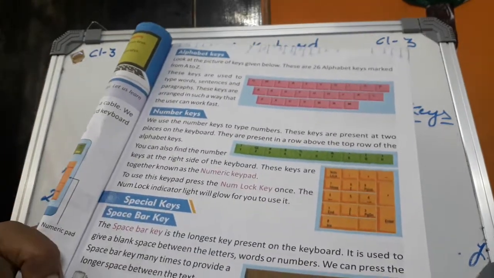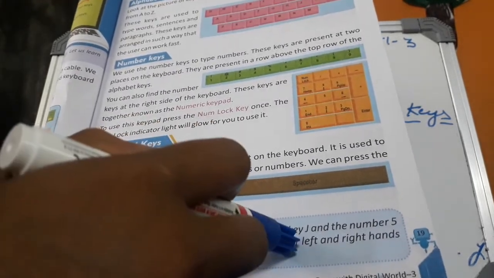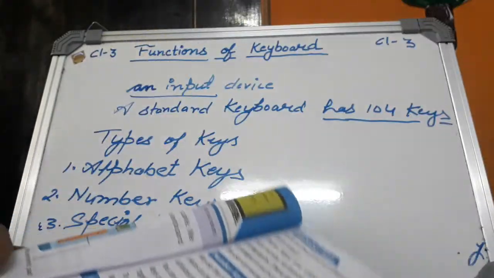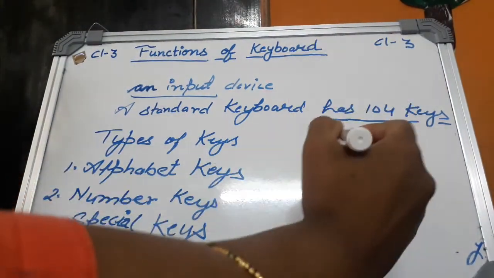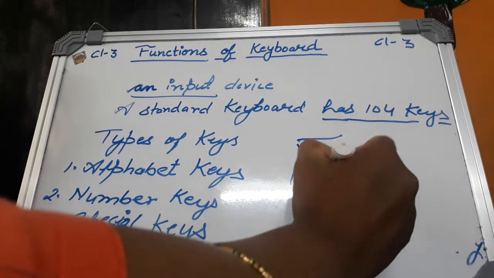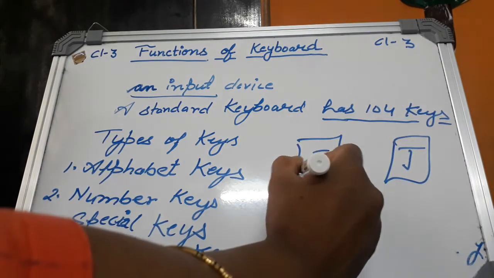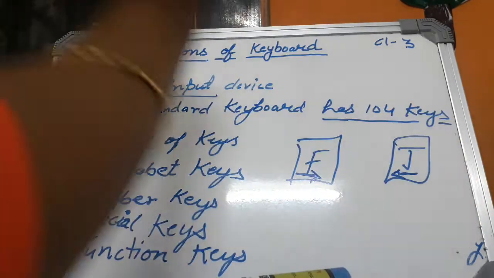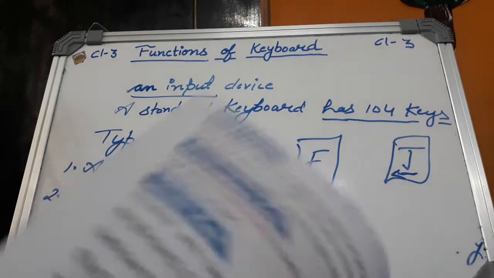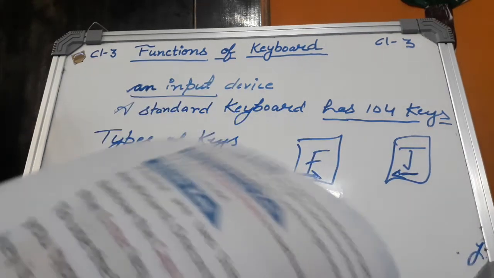Fact files. Now see here, fact files. The small bumps and ridges are found on alphabet keys F and J. When we look at our keyboard, we see that the key F and the key J have some bump and ridge like this on your keyboard, so that users can correctly position their left and right hand without looking at the keyboard.